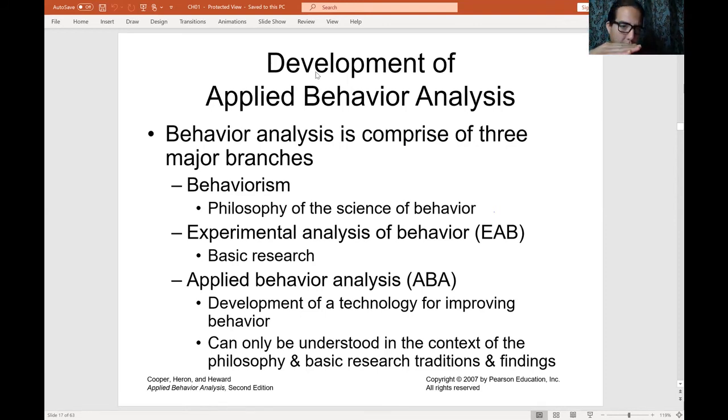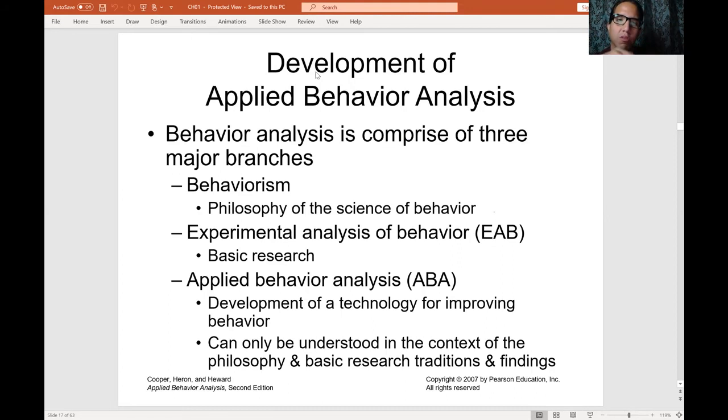So before the experimental analysis of behavior could be established, there was a philosophy that, hey, I think that we can look at behavior in a way that is determined, right? That there's cause and effect. So why don't we try to experiment with it and see what we can uncover?